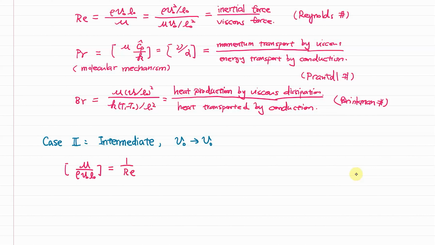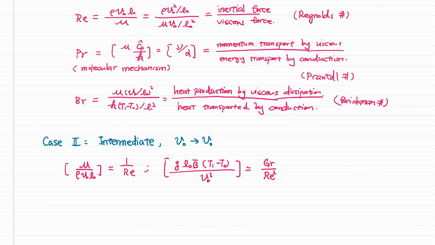But the buoyant term is now non-negligible, so we need to consider it: g L naught beta (T1 minus T naught) over V naught squared. This would be the Grashof number over the square of the Reynolds number. And the rest would be the same.